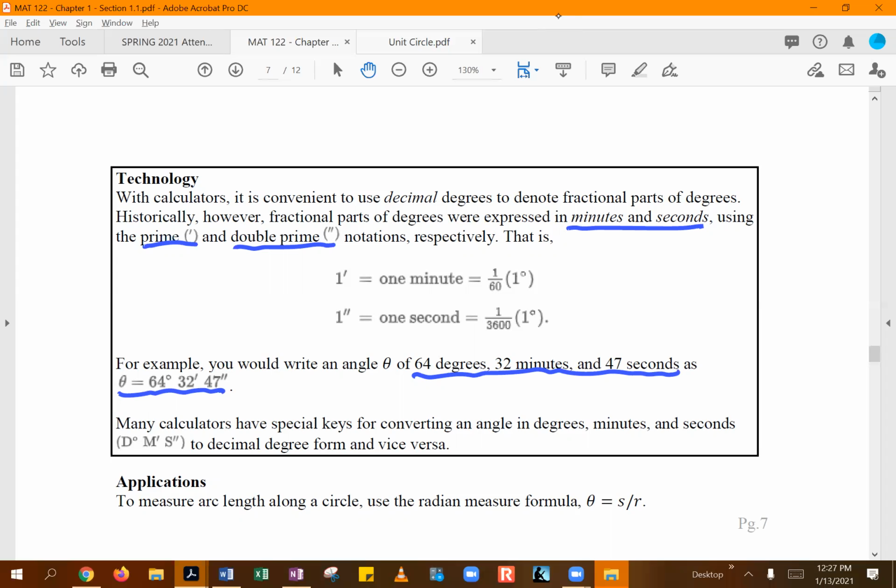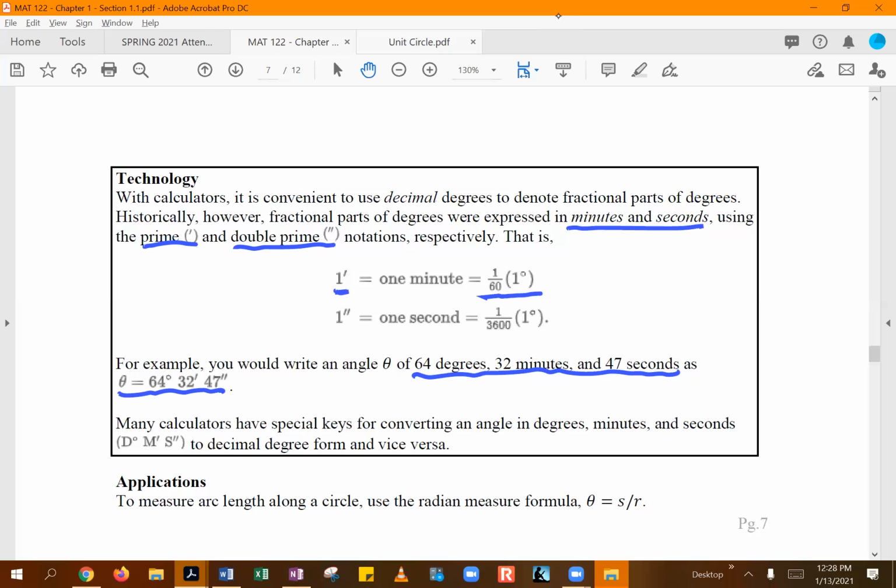And the conversion here is 1 minute is the equivalent of 1 over 60 of 1 degree, because you're taking the idea of an entire circle and just imagine overlapping a clock on it, right? That's where this idea of using minutes and seconds is coming from, because then we can use those smaller markings that you normally have on a clock, for your seconds and minutes, to help us out with those fractional calculations with the degree measurement.